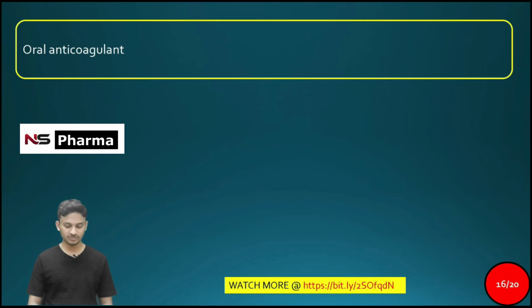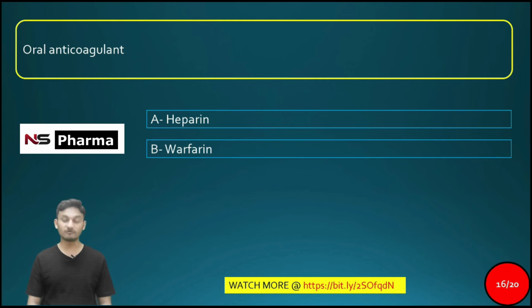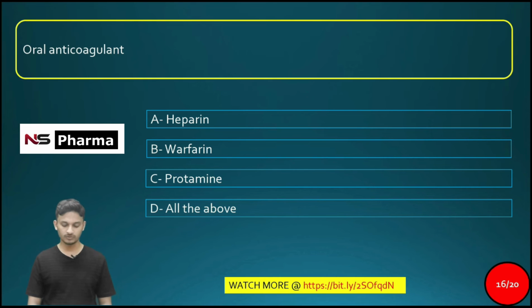Now we will move to the next question, question number 16. Oral anticoagulant. Options are heparin, option B, warfarin, option C, protamine, option D, all of the above. The correct answer here is option B, warfarin.